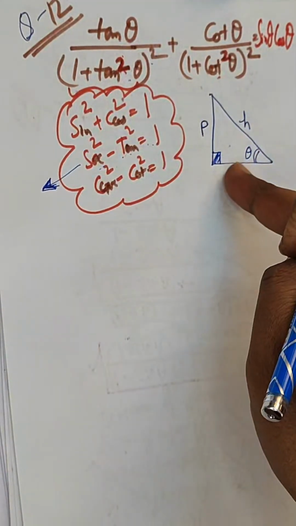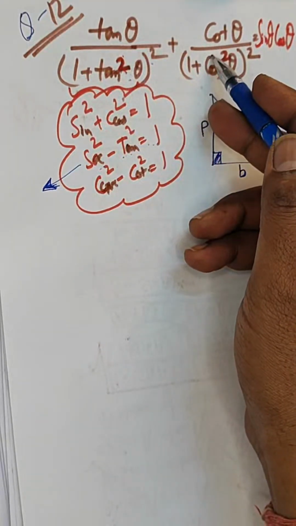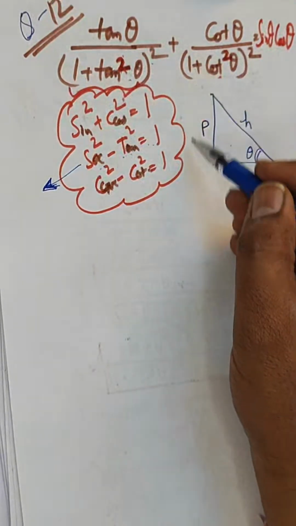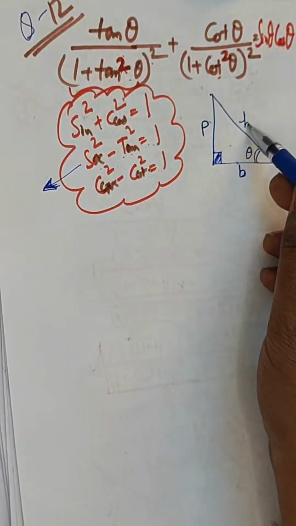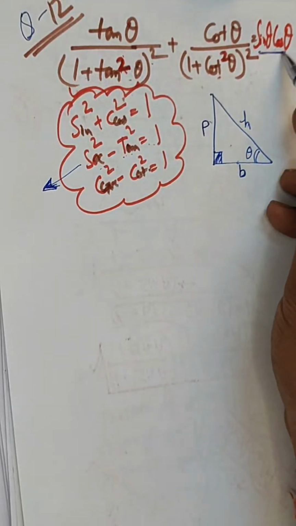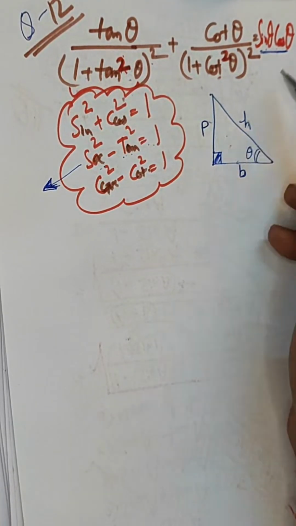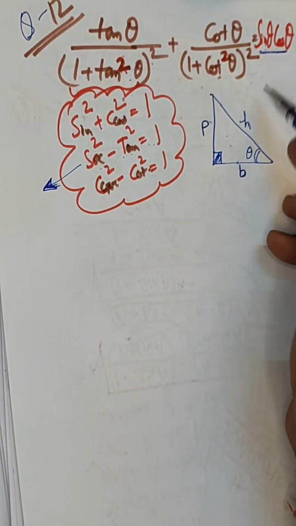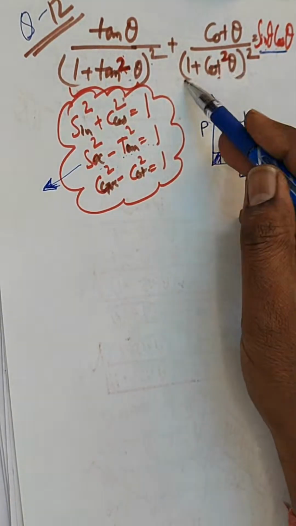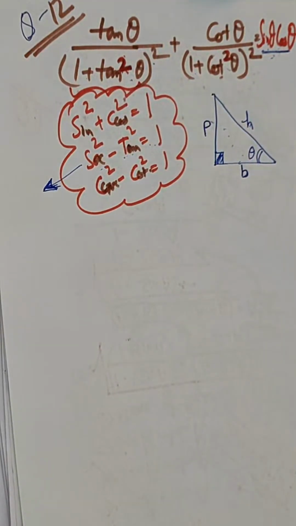Using this, put the values over here and evaluate the LHS. You will get certain things in the form of P, B and H. Similarly, when you evaluate the RHS using this triangle, you get the values in the form of P, B and H, right? So you can show it like this also. If you are stuck, then only go with this, right?